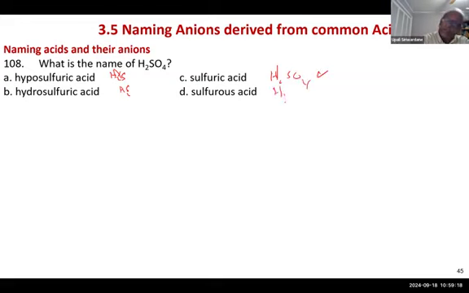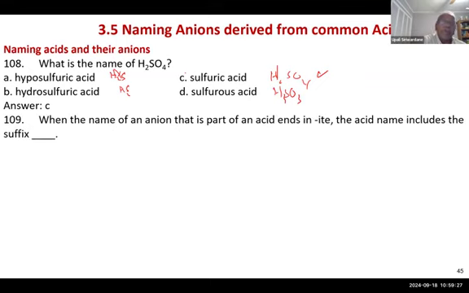Sulfurous acid is H2SO3. So answer is C. When the name of an ion ends in ite, the name of the acid includes ous. If the acid has ous, the anion coming from the acid, removing hydrogen, is ite.